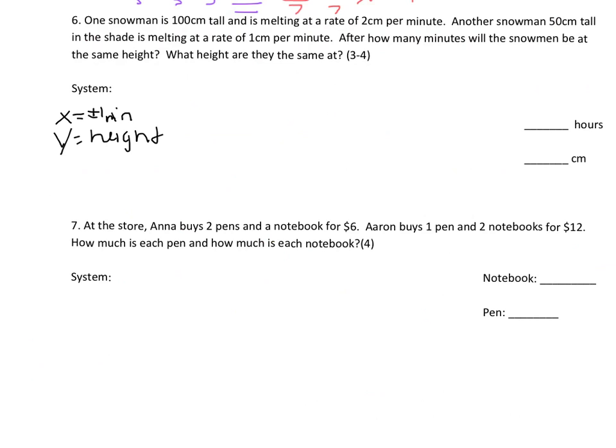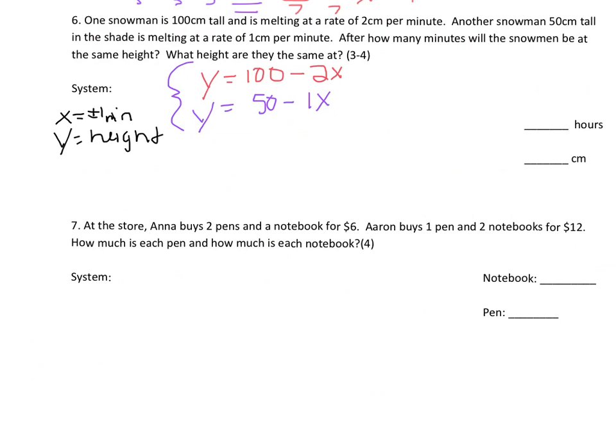So the first snowman, his height, or her height, I guess it's his, is 100 centimeters minus 2 centimeters for every minute, where the second snowman starts at 50 centimeters and is melting at 1 centimeter per minute. So here is my system.